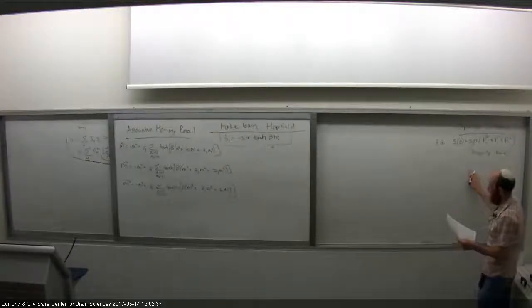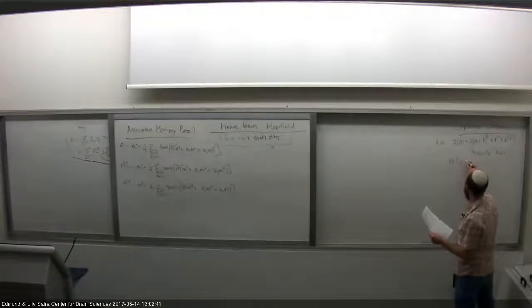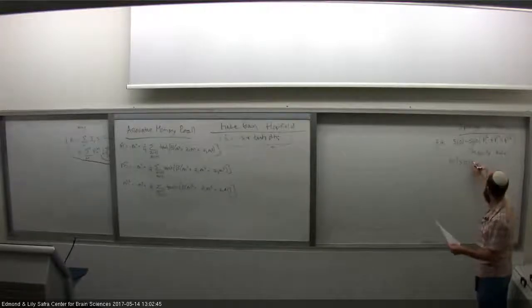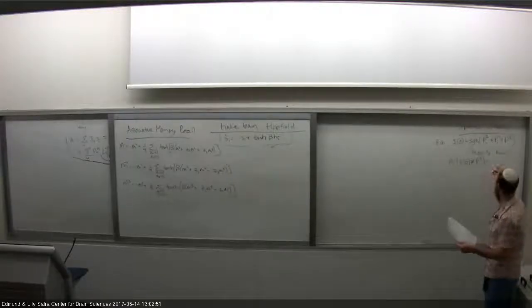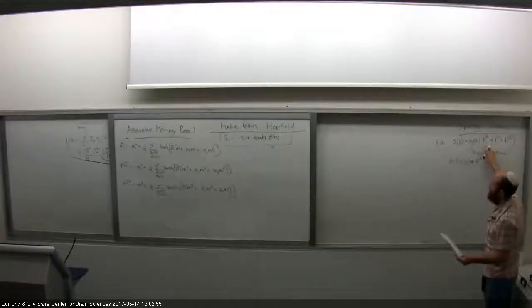And we can see that the probability that a given neuron's initial condition under this rule is different from, for example, memory pattern 1. Let's see what that is equal to.